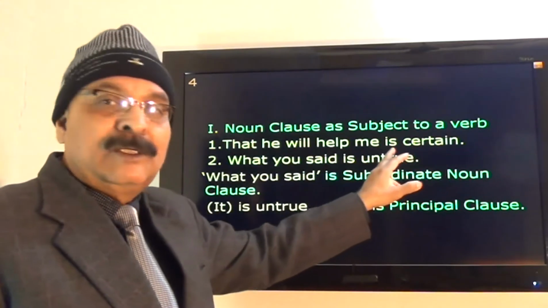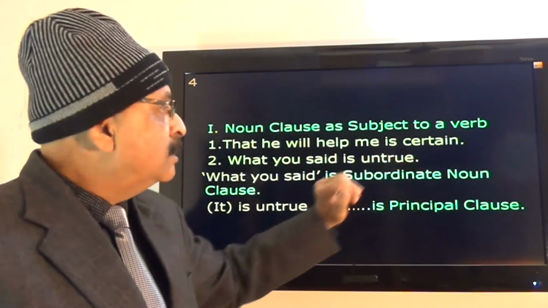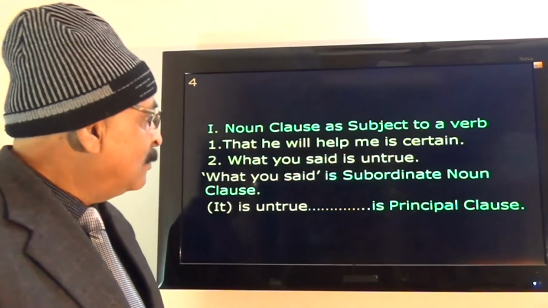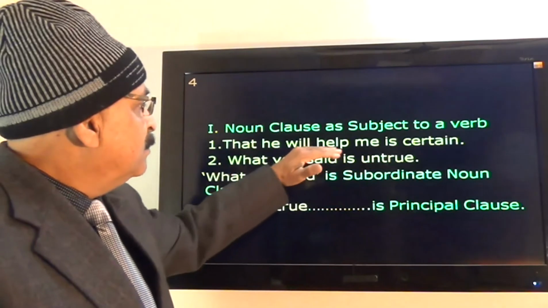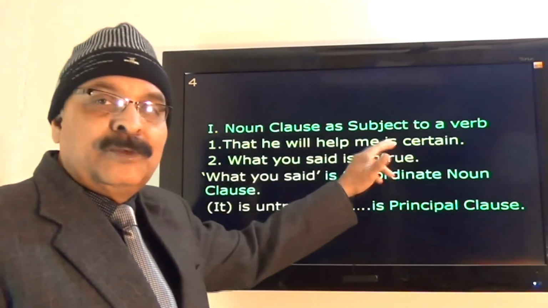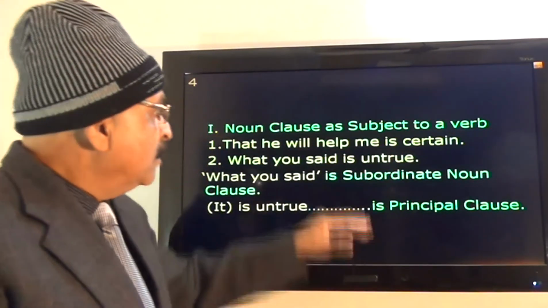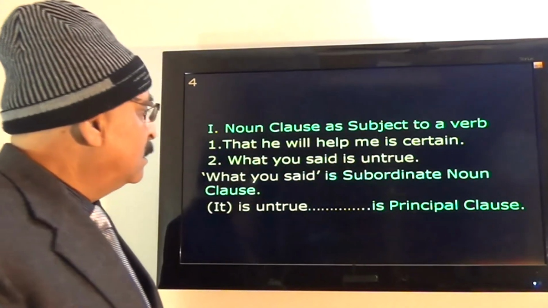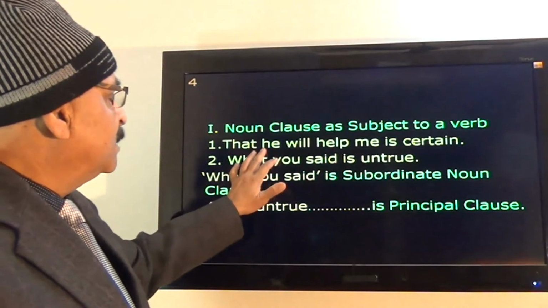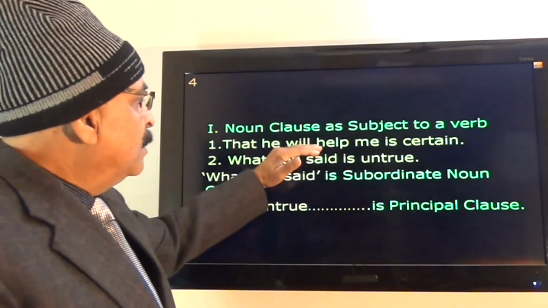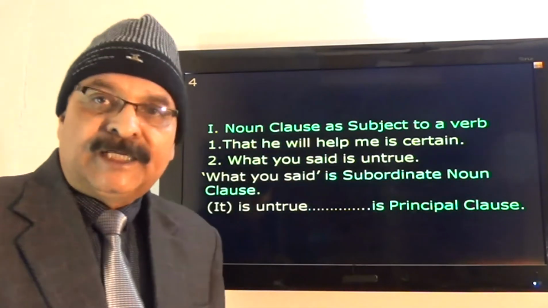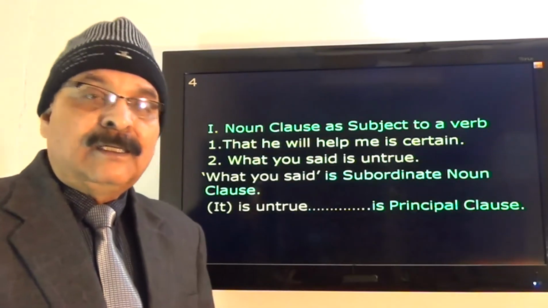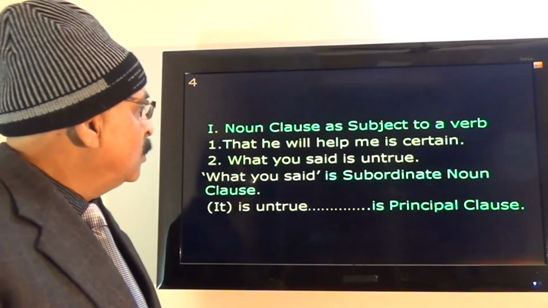Is certain is the principal clause, and this is the subordinate clause, that he will help me, and this becomes the subject to the verb is, right? And you can replace this noun clause here, as you may say it is certain. You may put something here, you may put someone here to replace the noun clause.